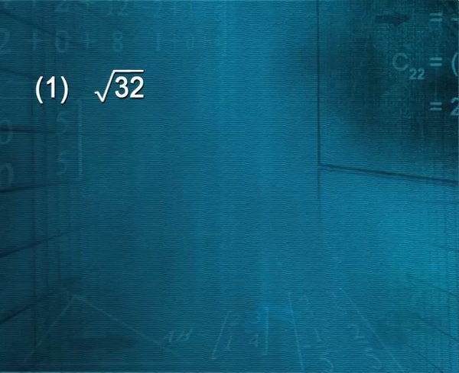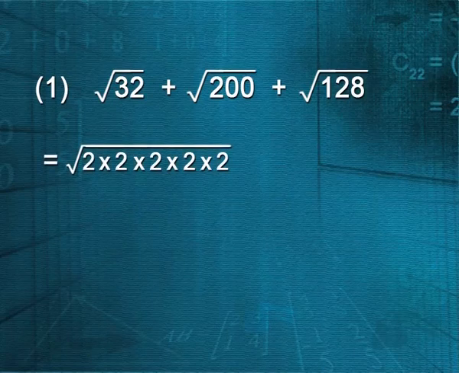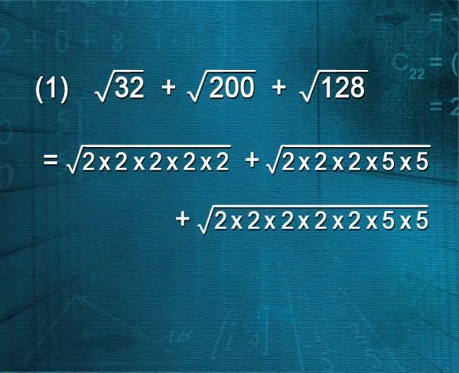Now let us see one example. You are given root 32 plus root 200 plus root 128. We will reduce them. 32 can be written as 2 into 2 into 2 into 2 into 2, 5 times. So root 32 is under root 2 into 2 into 2 into 2 into 2. Similarly, root 200 can be written as root 2 into 2 into 2 into 5 into 5, and root 128 can be written as root of 2 five times multiplied by 5 into 5.